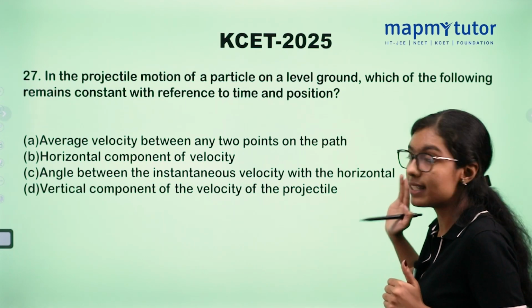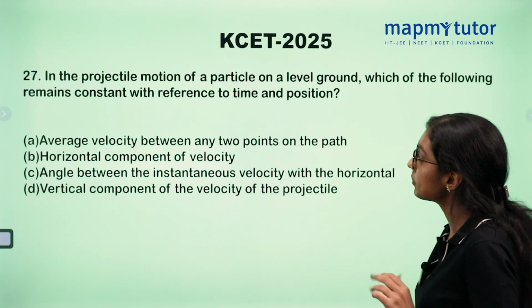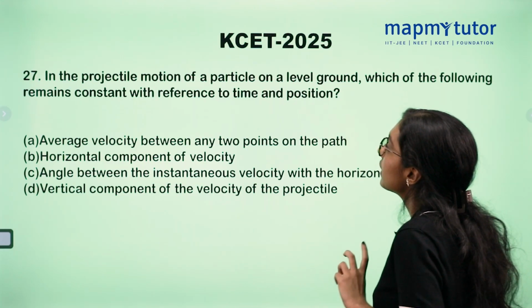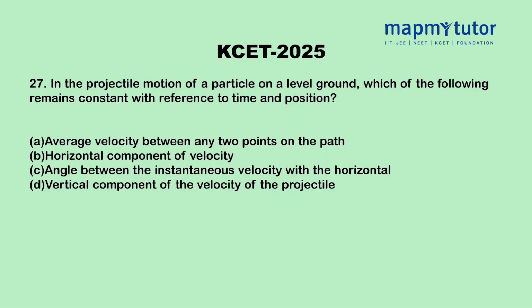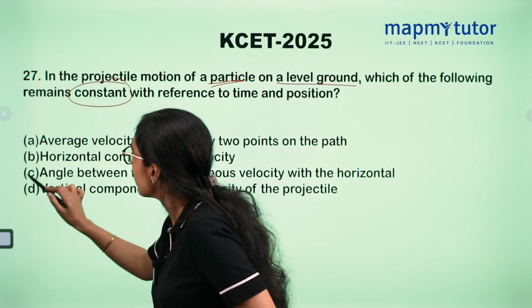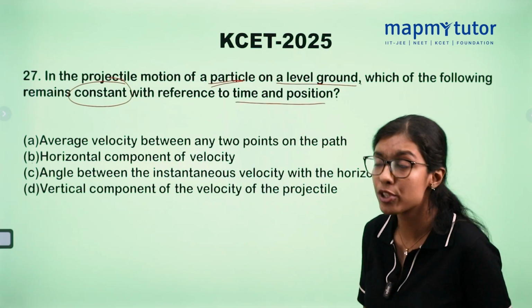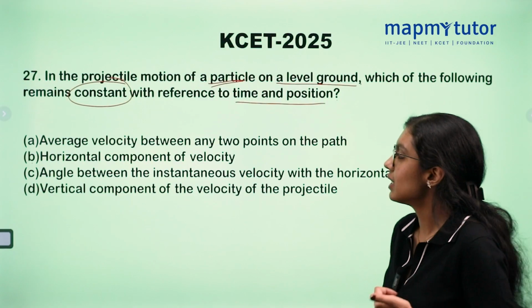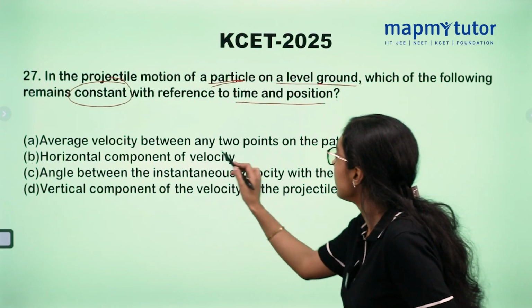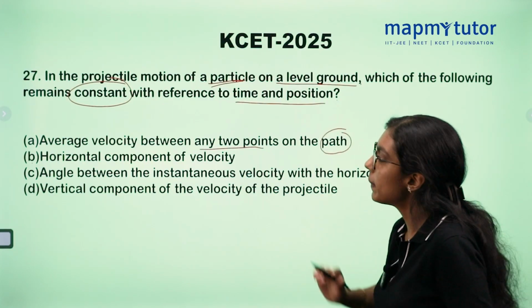Conceptual questions directly from the motion in a plane chapter. In the projectile motion of a particle on level ground, which of the following remains constant? You need to tell which quantity remains constant with reference to time and position. Read the options carefully. The first option is average velocity between any 2 points on the path.